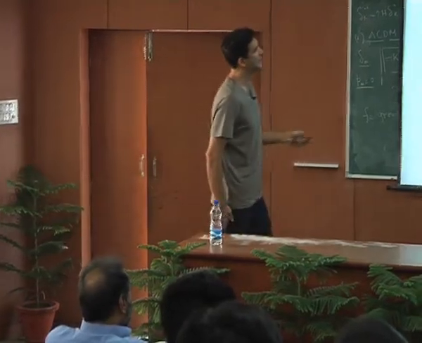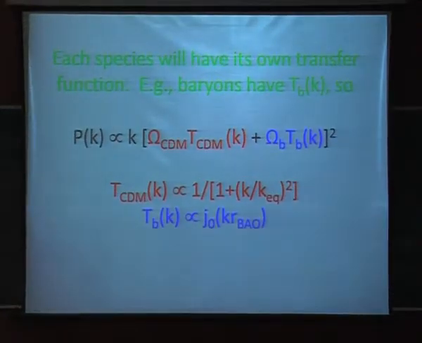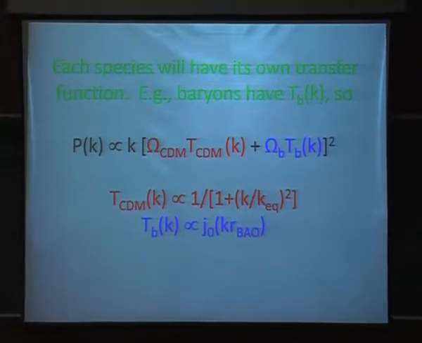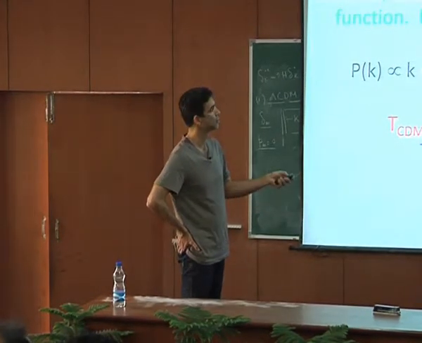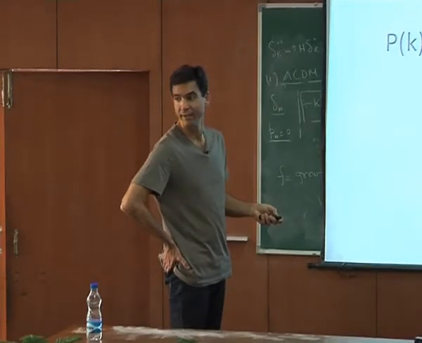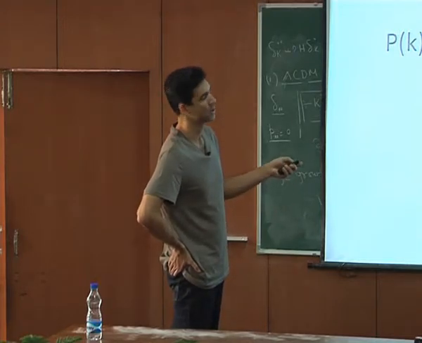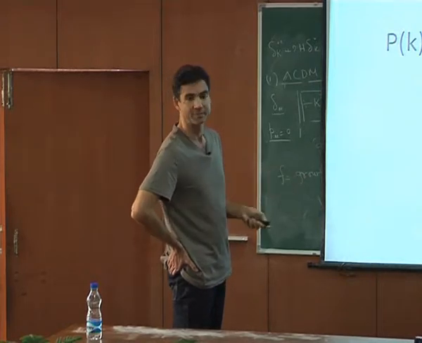It's slightly simpler than that because we think omega baryon is 1/6 or so of cold dark matter. And if I take 1/6 squared, then that's an even smaller number. So you can almost throw the squared term away. And you can just take this guy squared, which we saw before, and then twice this times that.